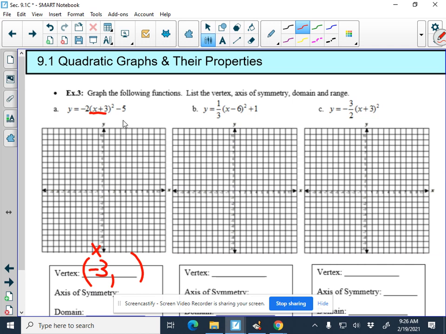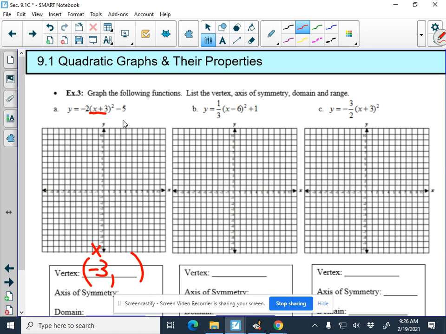But what it's saying is I would move the vertex. Let's remember the basic parent function that we've talked about in the last lessons looks like this. 0, 0, then it's over 1, each way, up 1, and then you get the graph. That's the basic parent function. What we're going to talk about today, you don't have to graph that. If you did, it's not a problem. We're talking about where would this new vertex move?